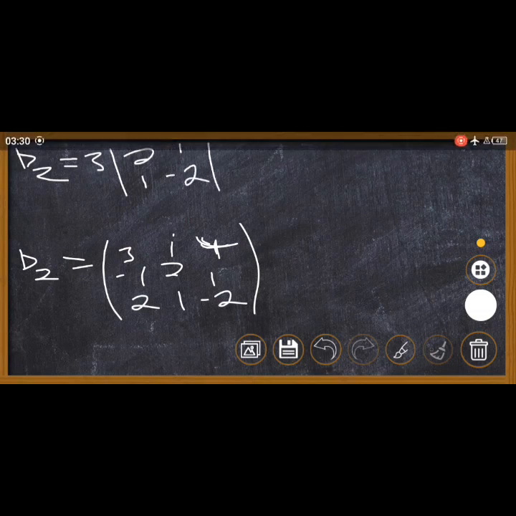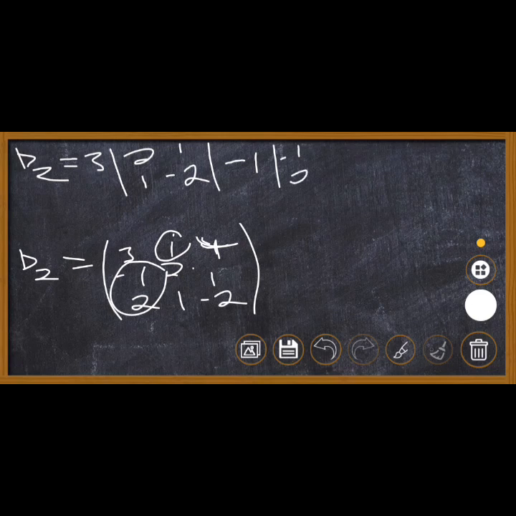Then here we have negative, so negative multiplied by 1, and here we are going to have negative 1, and then negative 1, 2, and also 1, and negative 2. And then here we have positive, we have what here? 4.